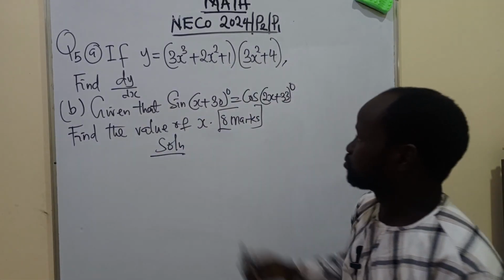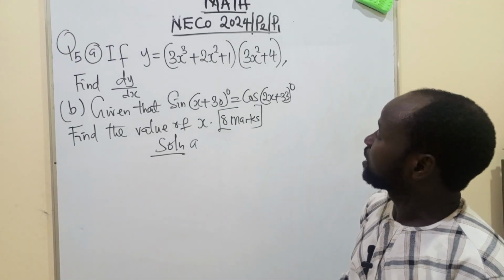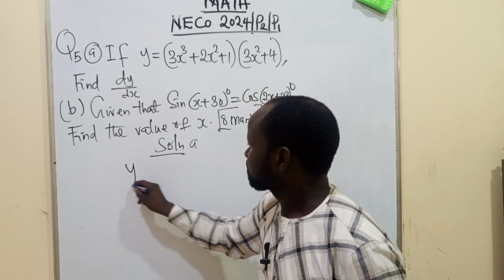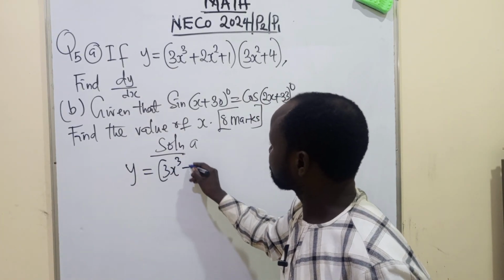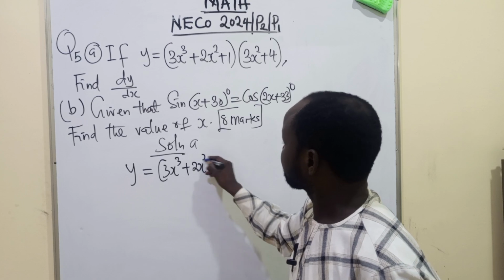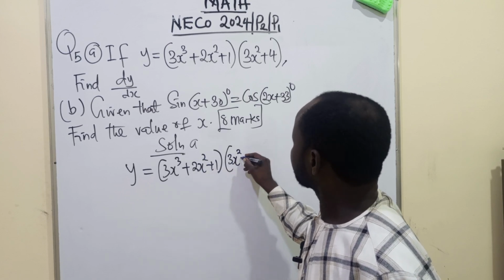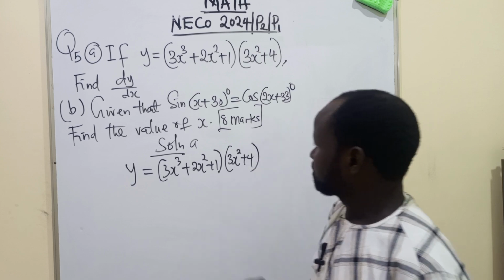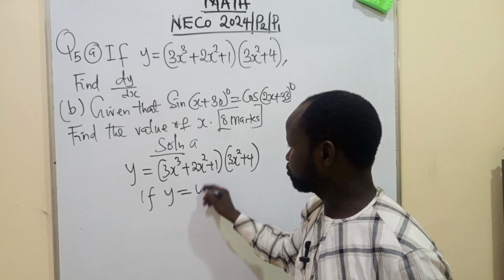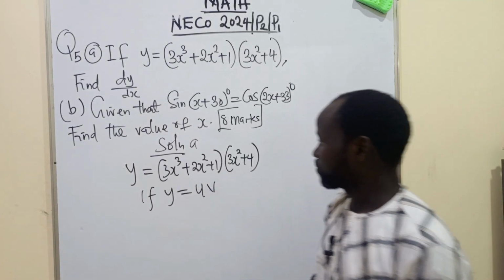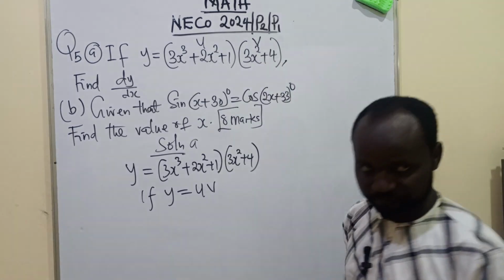Solution now to A. Question A, we have y equals (3x cubed + 2x squared + 1) all in bracket, times (3x squared + 4). From the product rule, if y is equal to u times v, in this case this is our u and this is our v.